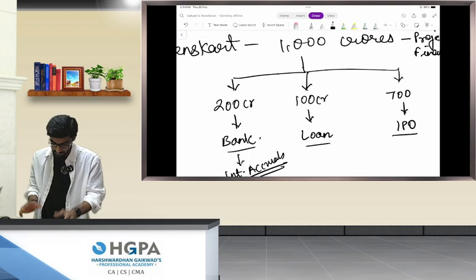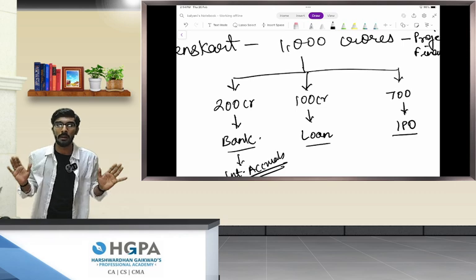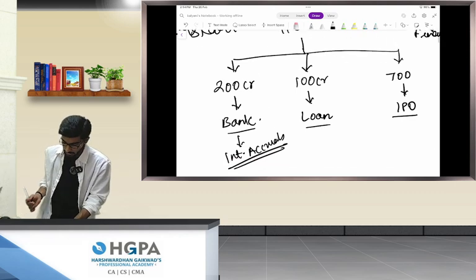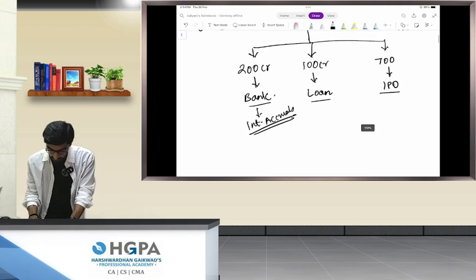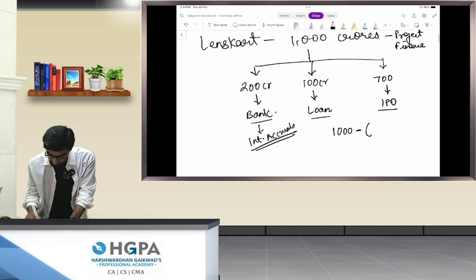Next, 100 crores it is going to take as a loan and the remaining 700 crores it is going to take from an IPO. Now, this clause is saying that the project finance, that is 1000 crores, minus the bank 200 crores, plus the IPO is 900 crores.